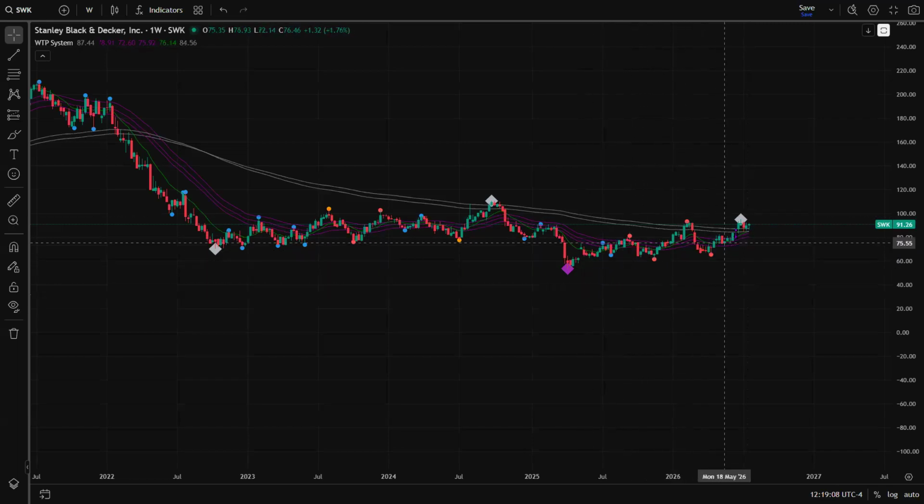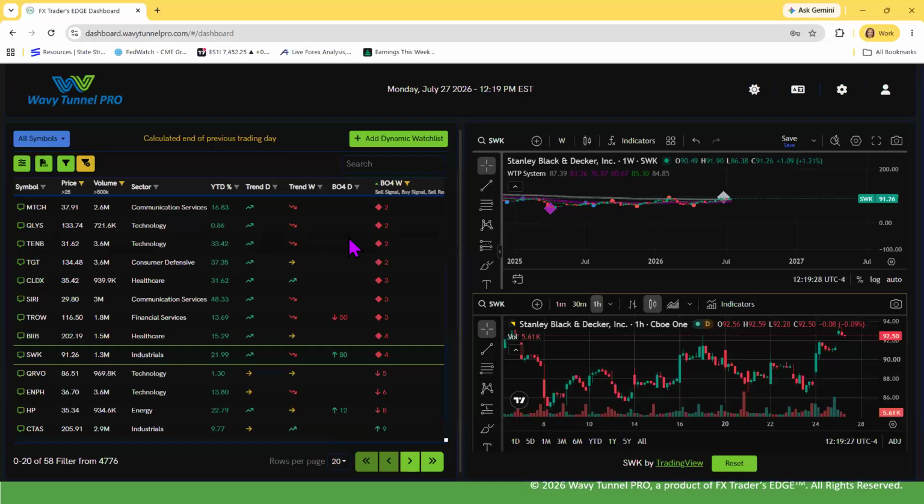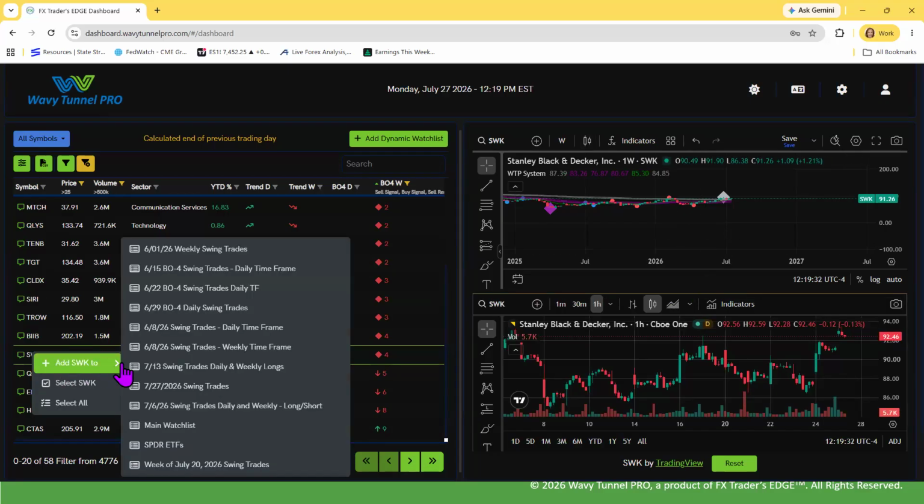So with a leading diagonal, we could come down from this level before going up again. So I'll put this on the watch list. Or it could just be a correction. Let's stick it on the watch list.